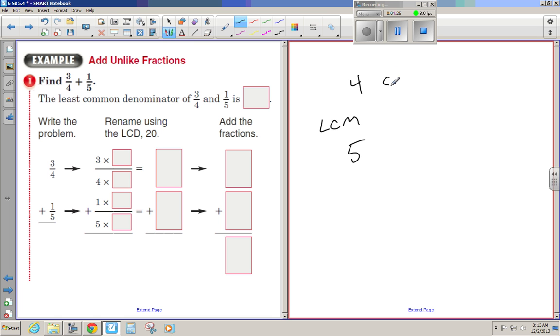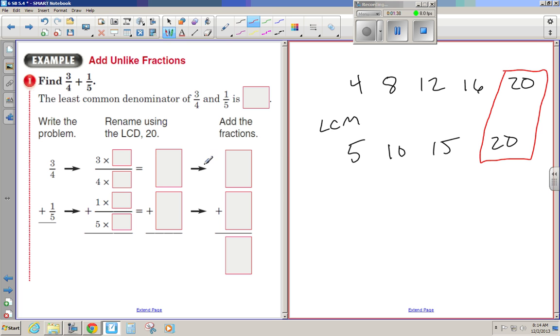Well, 4, 8, 12, 16, 20; 5, 10, 15, 20. You should see that the least common multiple is 20. That means for the fractions 3/4 and 1/5, the least common denominator will be 20.